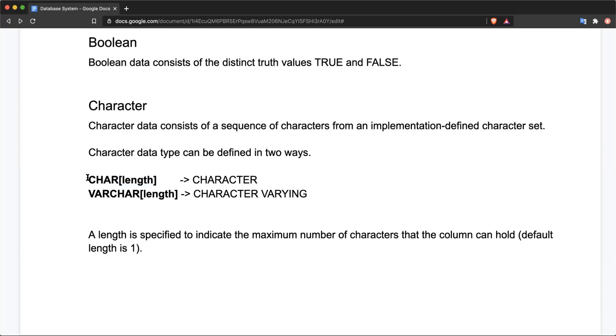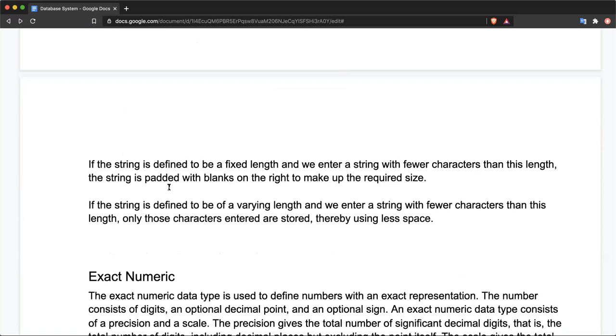So what is the difference between char and varchar? The difference is simple. If the string is defined with a fixed length, and we do not provide all the required characters, then the remaining space is filled with blanks, and the whole thing is then stored on the disk.